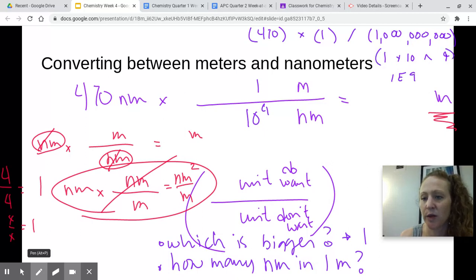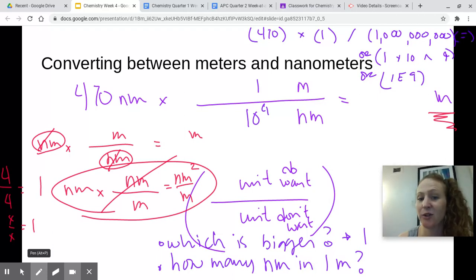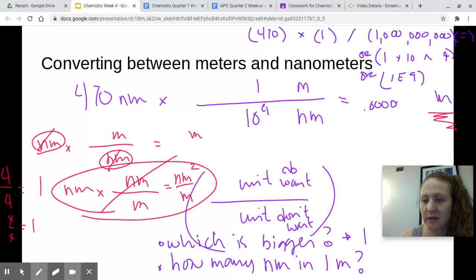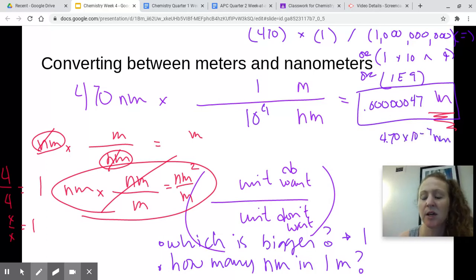All of those would work. Then you hit the equal sign, and you should get your answer, which should equal 4.70 times 10 to the negative 7th.